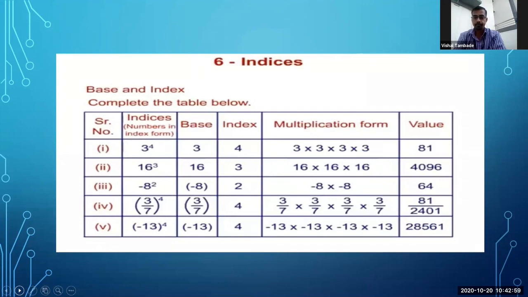Now the fifth one, minus 13 raised to the power 4. What is your base and what is your index? The base is minus 13 and the index is 4. Our index is 4, that's why we multiply minus 13 4 times: minus 13 multiply by minus 13 multiply by minus 13 and multiply by minus 13.